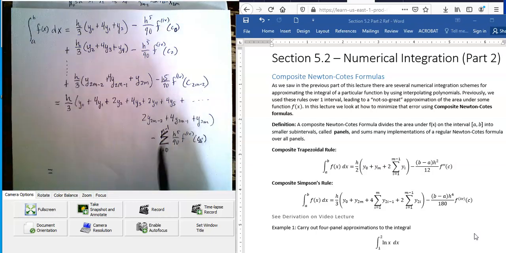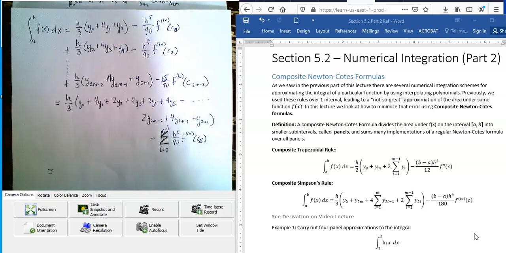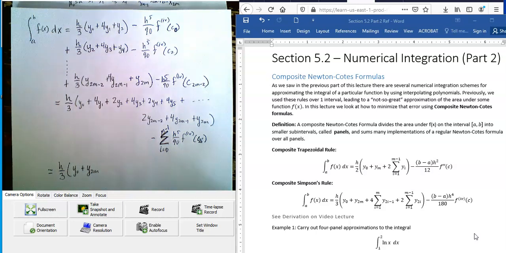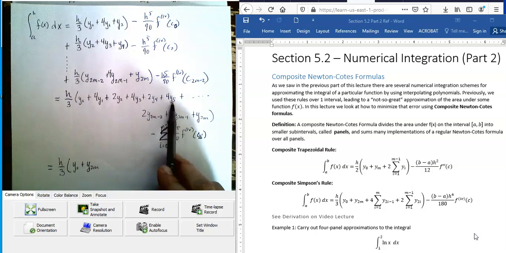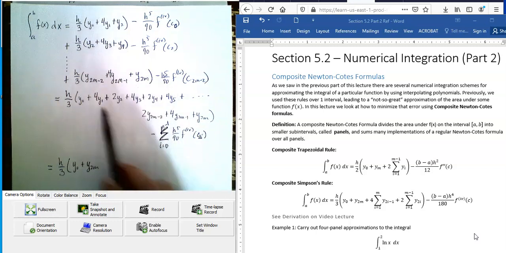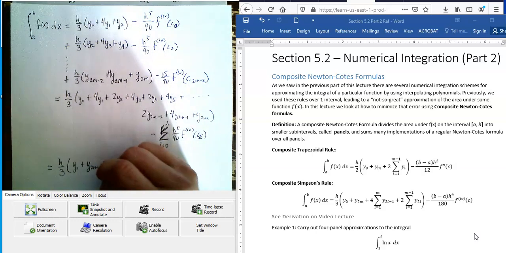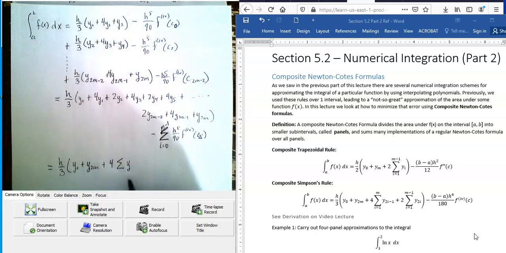We can further compact this term here if we notice something. The first term and the very last term are only counted once, right? So y naught plus y sub 2m are just counted once. Now, we notice that all of the odd indexed y's are multiplied by 4, so we can actually write that as a summation. How do we write an odd number?